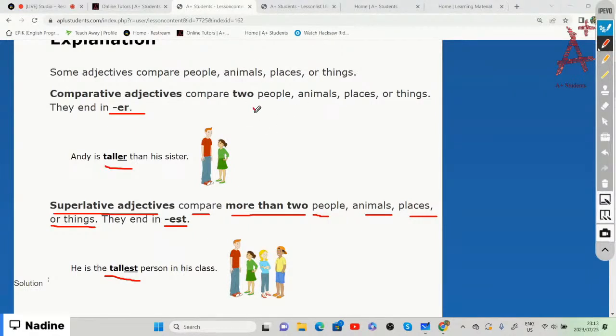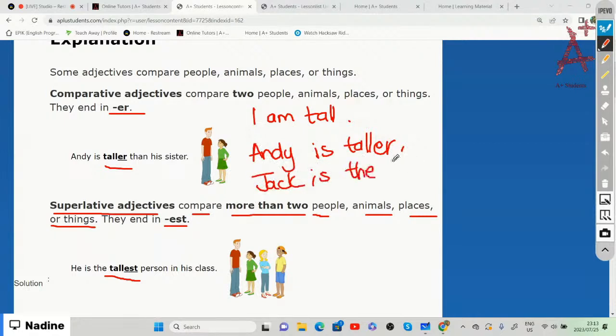I am tall. Andy is taller. But we can say Jack is the tallest. So I am tall, compared to certain people.